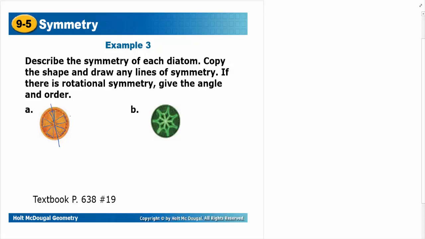You can do that for each little triangle. I can draw down the middle of that triangle, that triangle, that triangle, and that triangle. I don't want to get too messy here, so that's going to be 5 lines of symmetry. So I have my 5 lines of symmetry.